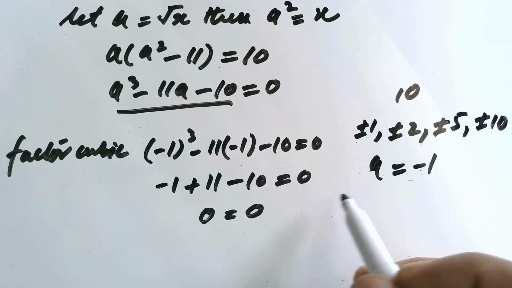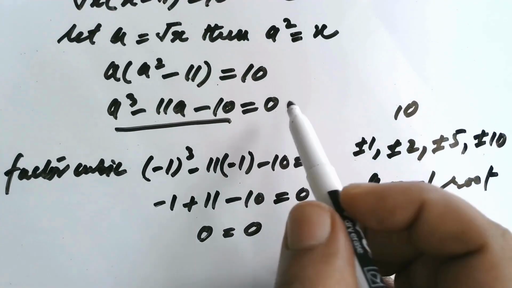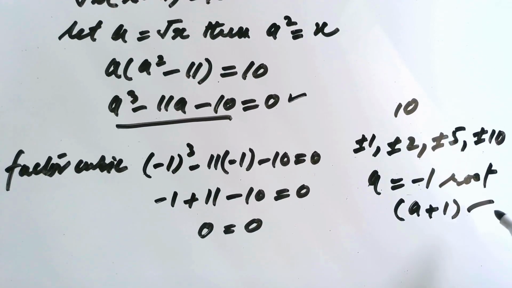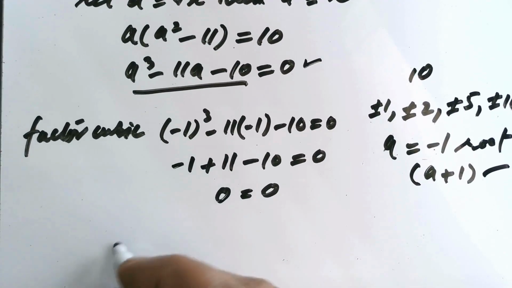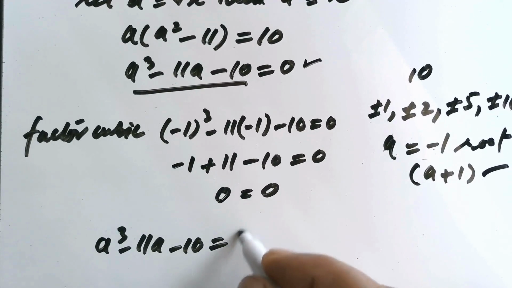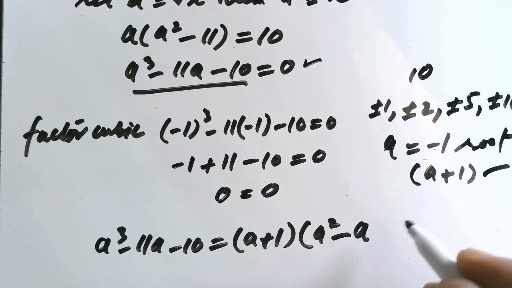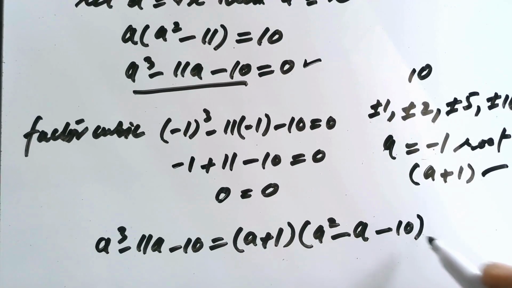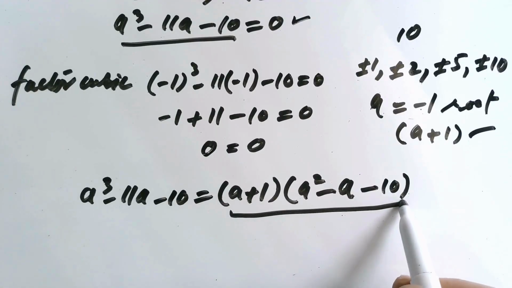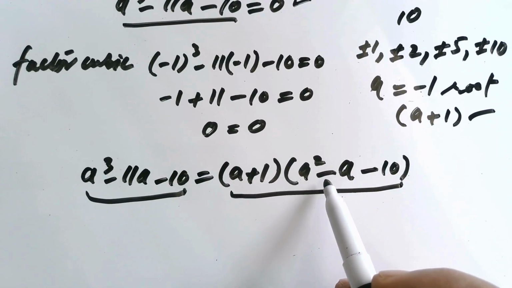So we know that the minus 1 is in the form of quadratic. Right? If we expand this, we will get this. Okay. Now we will solve that quadratic.